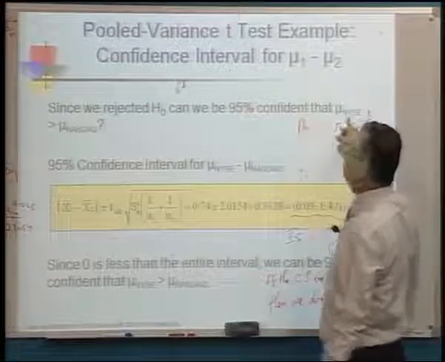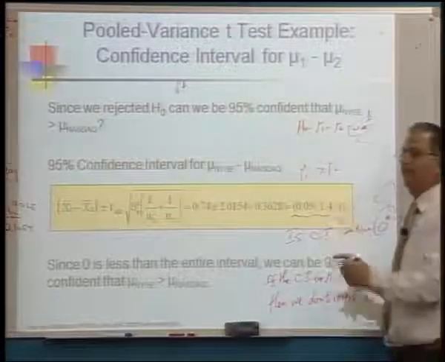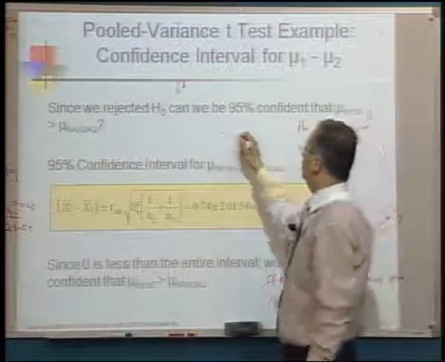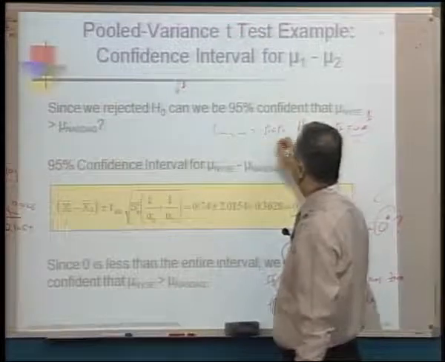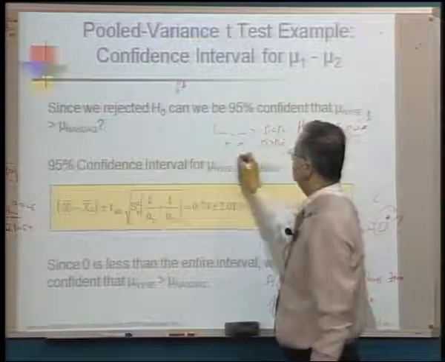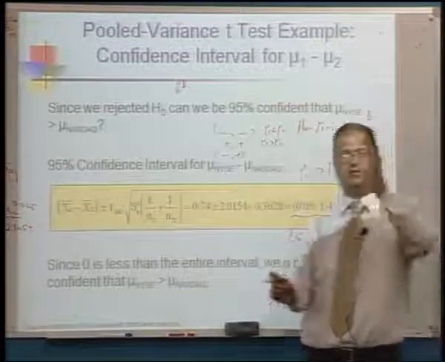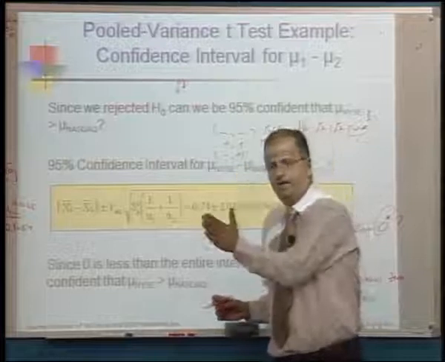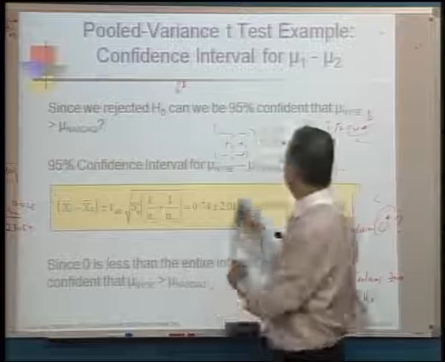So the mean for New York is greater than the mean for the other one. If the interval is negative, negative, that means mu1 is smaller than mu2. If it is positive, positive, then mu1 is greater. If the interval starts from negative to positive, that means 0 lies inside the interval. So in this case, we don't reject.